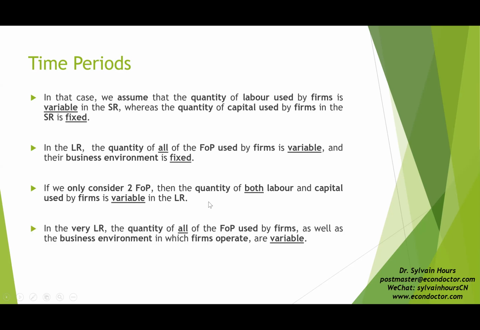You can change the quantity of both. And finally, the very long run, where everything can change. The firm can change the quantity of all factors of production, and the business environment is variable as well. So there might be a change in the state of technology, a change in government policy, or a change in social customs.